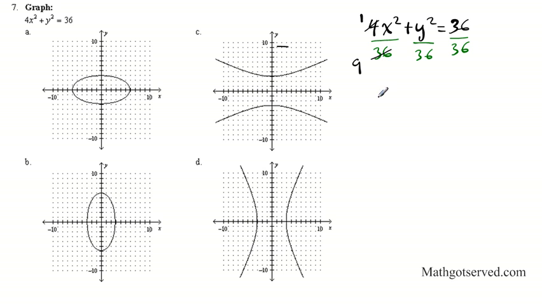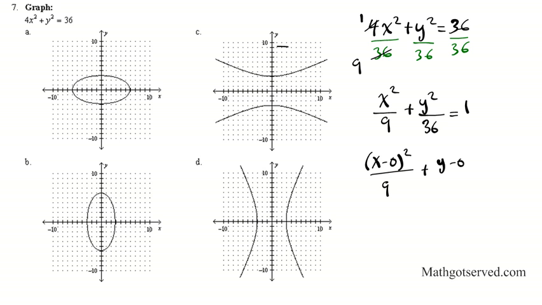So we have x squared over 9 plus y squared over 36 equals 1. Let's write it in standard form. We have x minus 0 squared over 9 plus y minus 0 squared over 36 equals 1.